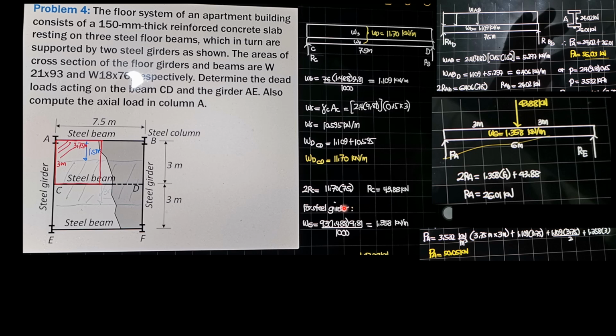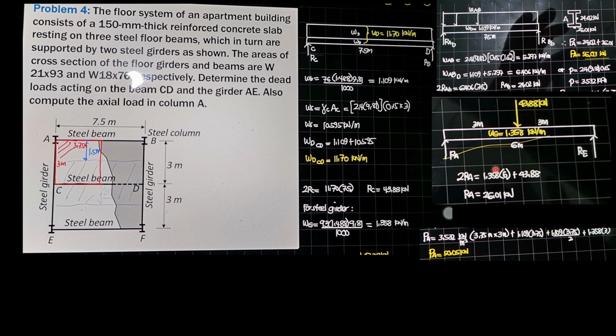Then for the steel girder, the uniform weight is W21 by 93, 93 pounds per foot. With the conversion factor 1.488 to make it kilogram per meter, we multiply by 9.81 newtons per kilogram and divide by 1000 to express it in kilonewtons per meter. So for the steel girder, the dead load consists of its uniform weight, 1.358 kilonewtons per meter, and the reaction transmitted on AE at the center of AE, which is 43.88 kilonewtons.